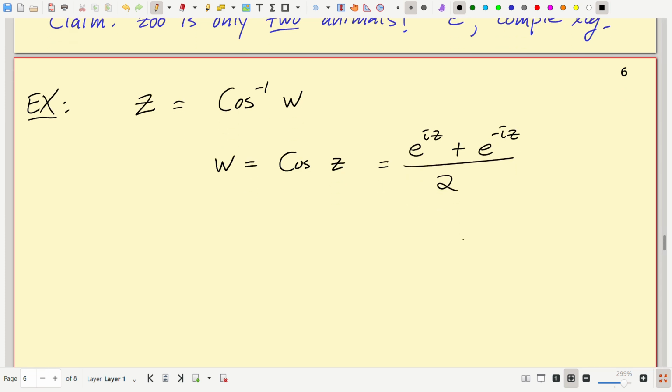Okay, so now I'm going to do some algebra here. I'll multiply by 2. I get 2w equals e to the iz plus e to the minus iz. And now I'm going to multiply this equation by e to the plus iz.